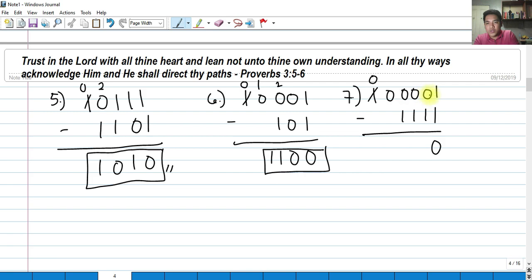And we know that this should borrow onto this, and this should borrow onto this, and this, because that would be cannot be. So all of this would become 1. And this is 2. So 2 minus 1 would be 1. 1 minus 1 is 0. 1 minus 1 is 0. And then we have to bring down 1 here. So our answer would be 1, 0, 0, 1, 0.